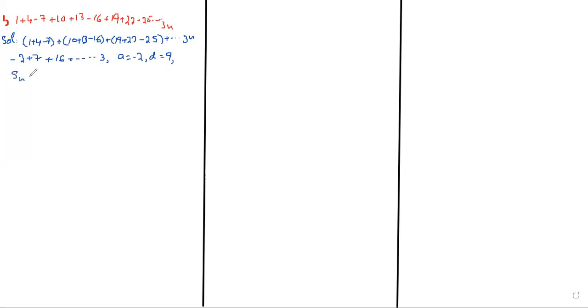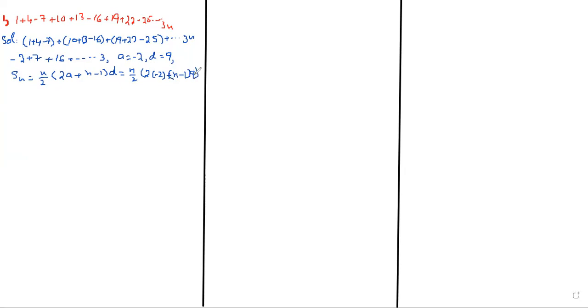So Sn equals n over 2 times 2a plus n minus 1 into d, right? So just substituting the values, it equals n over 2 times 2 times minus 2 plus n minus 1 times 9.